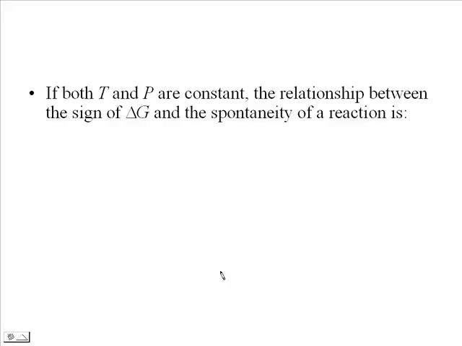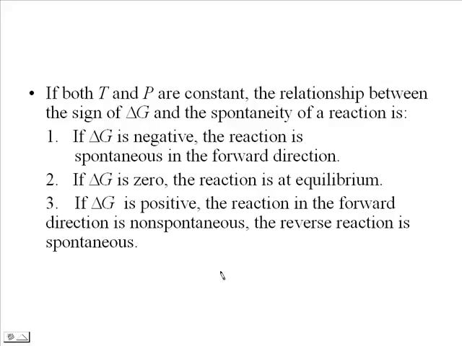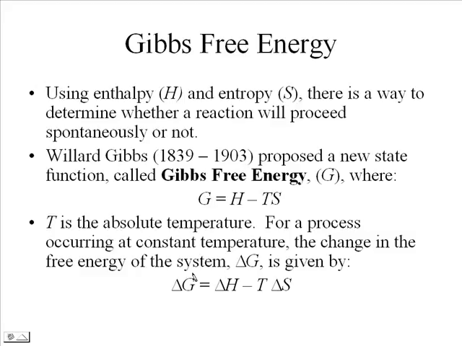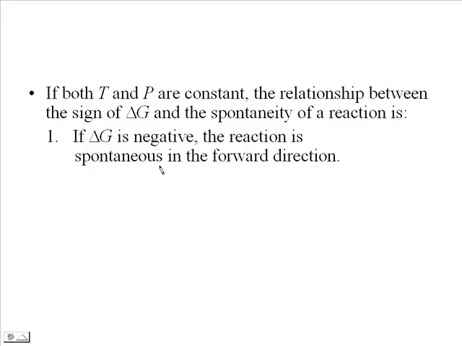Now if temperature and pressure are constant, then the relationship between the sign of delta G and the spontaneity is this. If the value we find for delta G is negative, then the reaction is spontaneous in the forward direction.